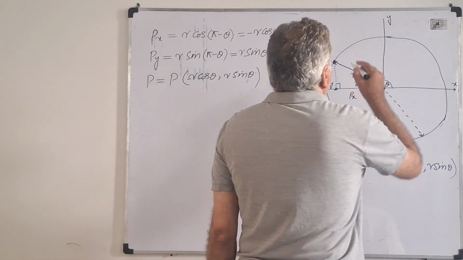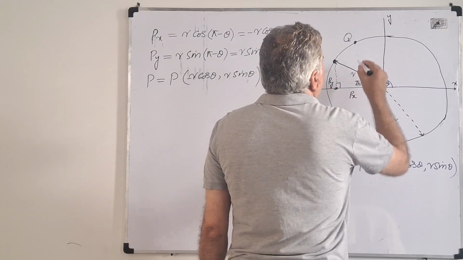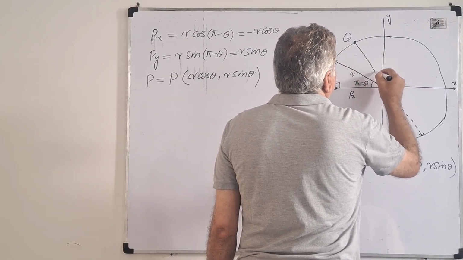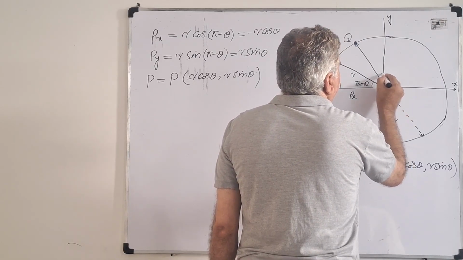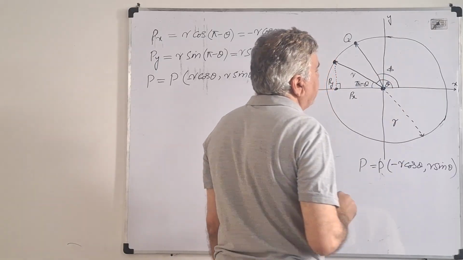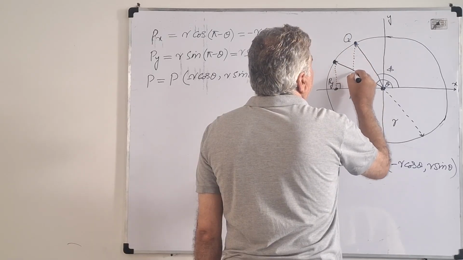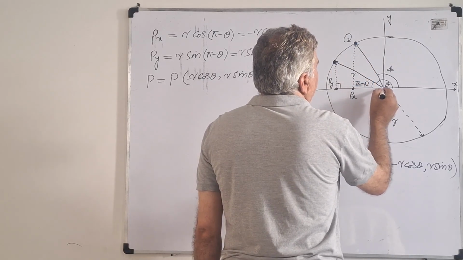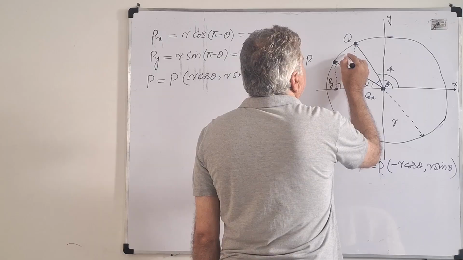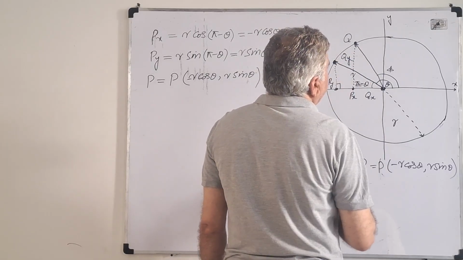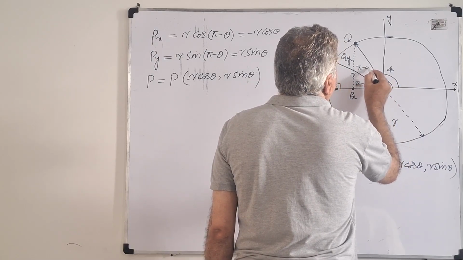Now I take another point on the circle, and I represent that with Q, and the position vector is this, and I call this angle phi. I can again find the coordinates by dropping the perpendicular over here. Then from this point to this point, this is q sub x, and this is q sub y, and this angle equals pi minus phi.